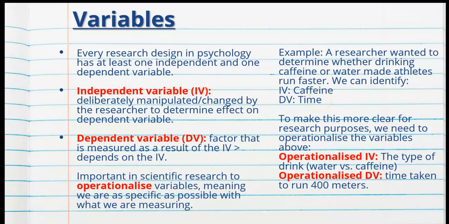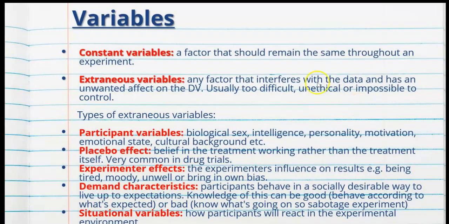What we don't want is another variable replacing the IV, because then we're not sure, is it the caffeine that's causing the increased time in running 400 meters, or is it something else? All right. And the something else is an extraneous variable, to put it a little bit more simply. So is it a participant variable? All right, so their biological sex, their personality, their motivation, emotional state when they ran the race, for just as an example. We have to consider everything.